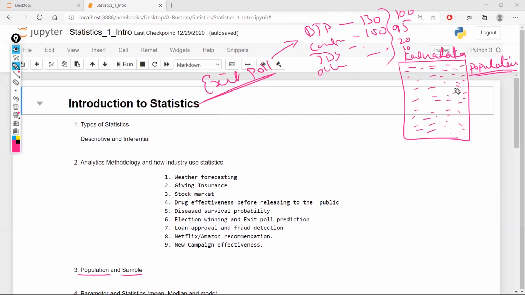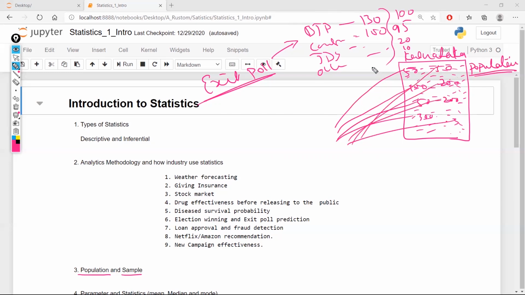Since I'm not able to capture the opinion of this entire population, I'm going to start picking data randomly in different districts or talukas. I will pick some 50 people here, 100 people here, 200 here, 50 here, 300 here. Like that, I will start collecting data randomly from different parts of the state.